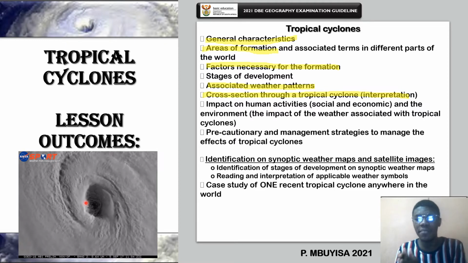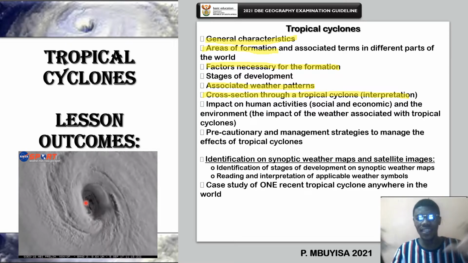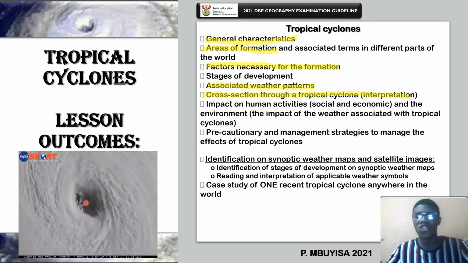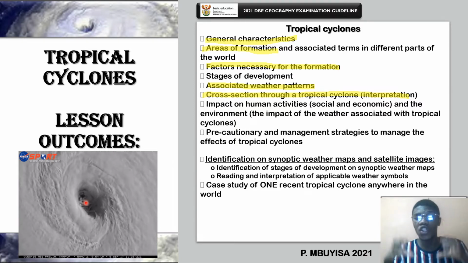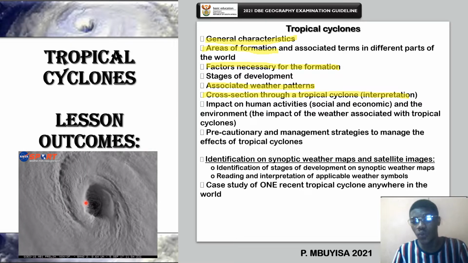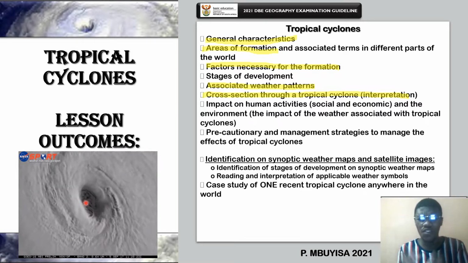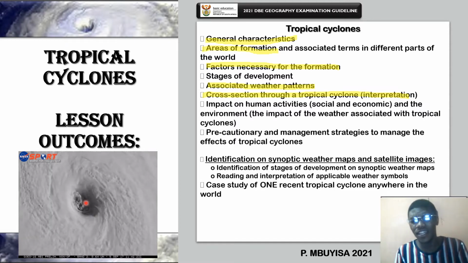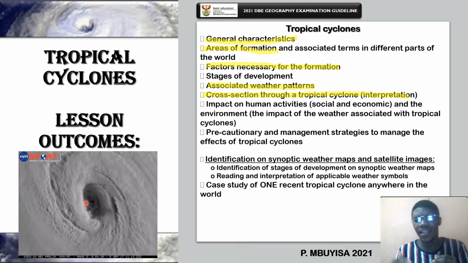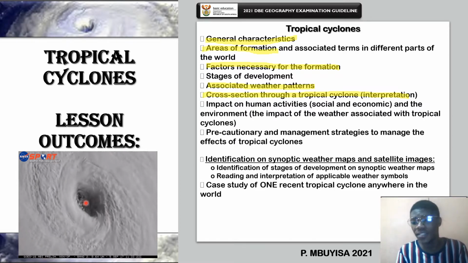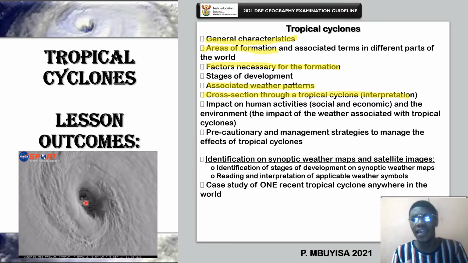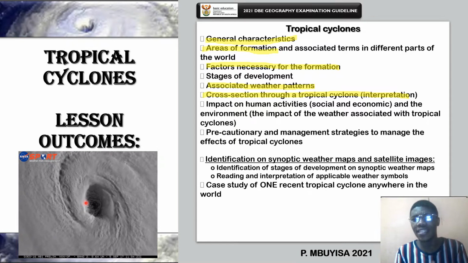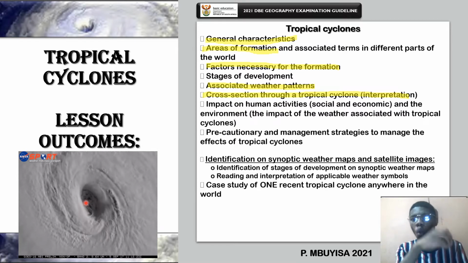So cumulonimbus clouds are just our thick, intense clouds that are associated with heavy rainfall. So that's why cumulonimbus clouds are associated with severe rainfall. And when we have this severe rainfall, we have winds that run up to 300 kilometers per hour, very strong winds as a result of that, because of the cumulonimbus clouds surrounding the eye wall.